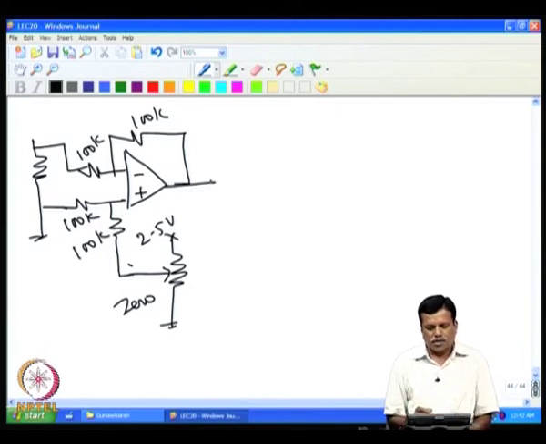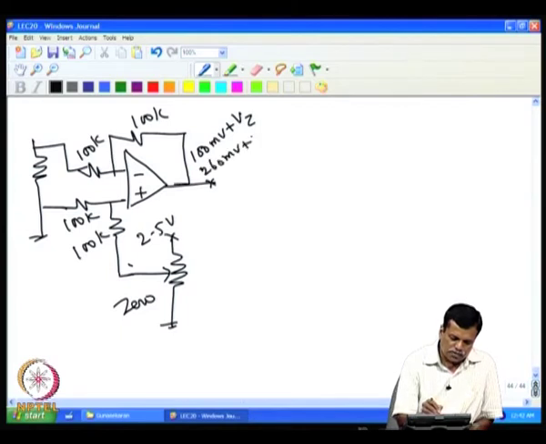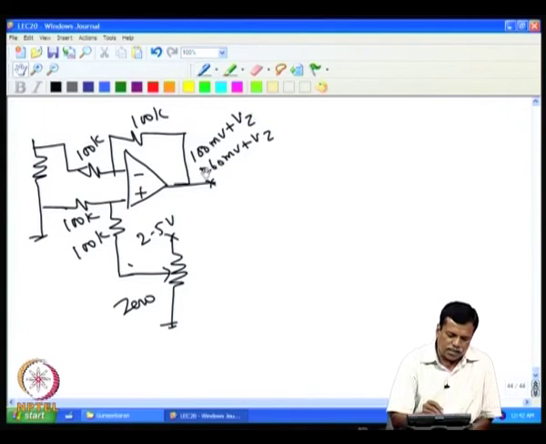So, one can have this, and this output gives you voltage corresponding to the temperature, that we had seen: 100 millivolt plus V0, or 260 millivolt plus Vz at 400 degree C. So, this is the voltage that you get at 0 degree temperature, and when this is at 400 degree C, you will have 260 millivolt plus this Vz. This Vz is the voltage that we have fixed here.